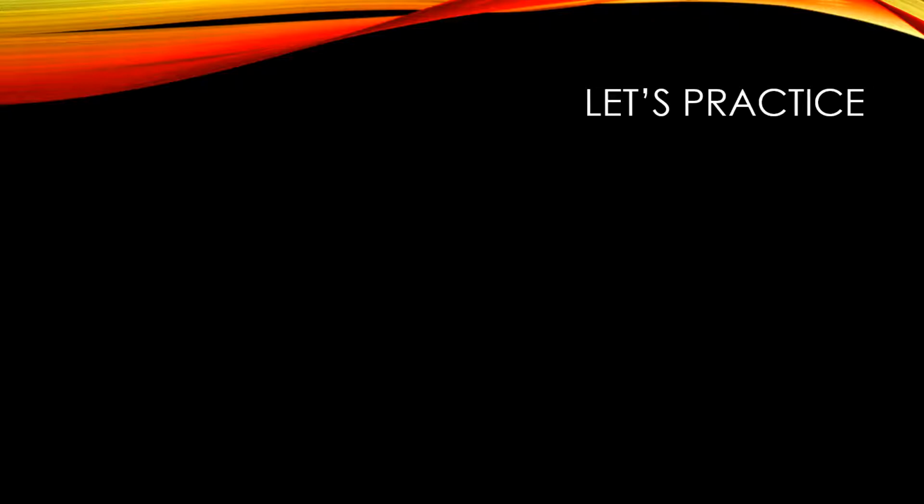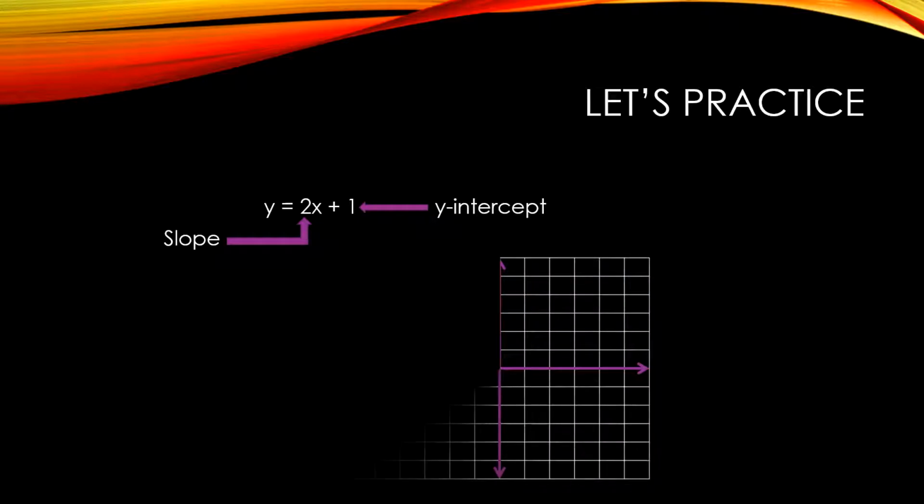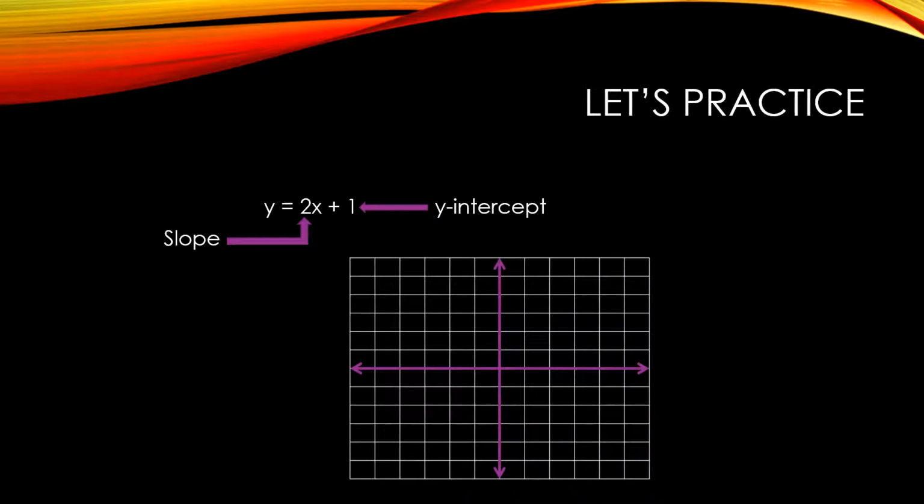Let's practice. Here we have y equals 2x plus 1, our y-intercept plus 1, slope plus 2. In order to plot this linear equation, we start with our b value, which is plus 1. So you find positive 1 along your vertical axis, and plot your first coordinate there.